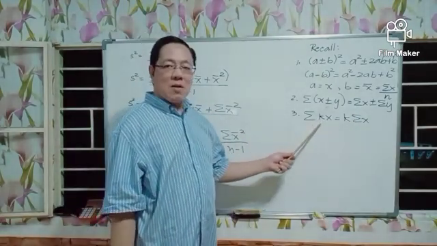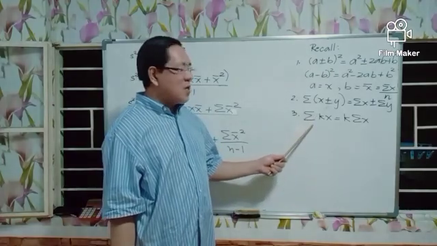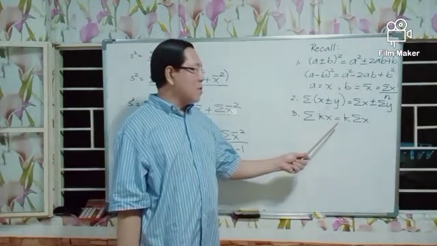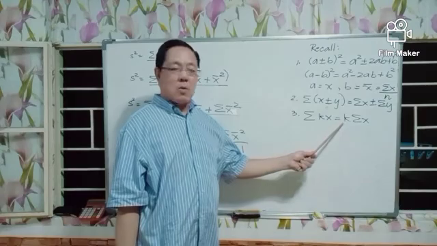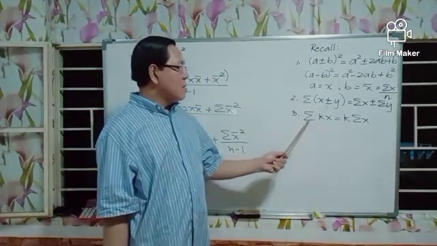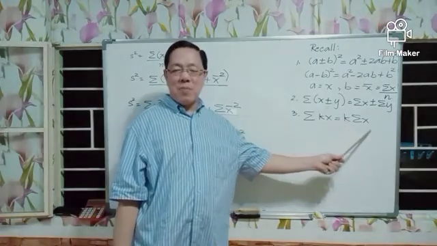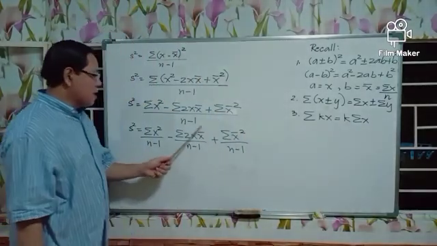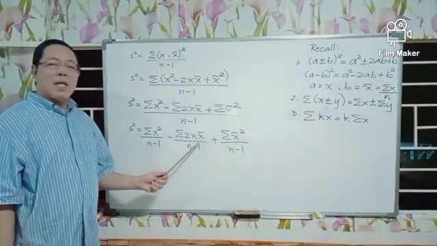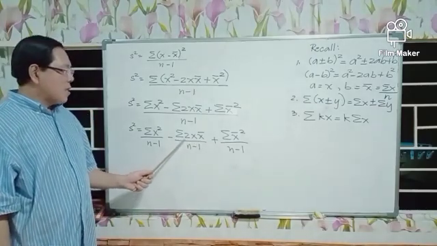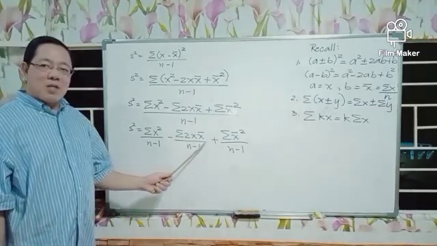But k here is a constant, so if you have the summation of a constant times a variable, you can take the constant out of the summation. Summation of constant times x is equal to the constant times summation of x. And in the second term, the constants are 2 and x bar, so we can take these out of the summation.